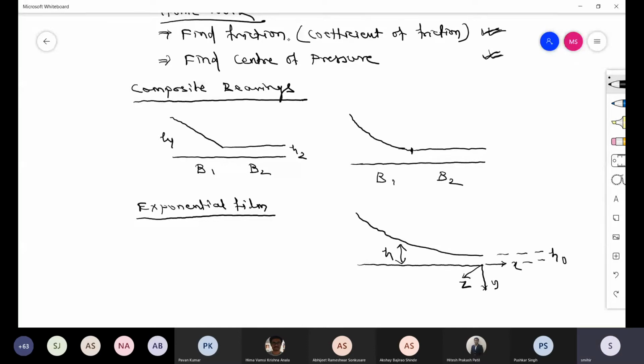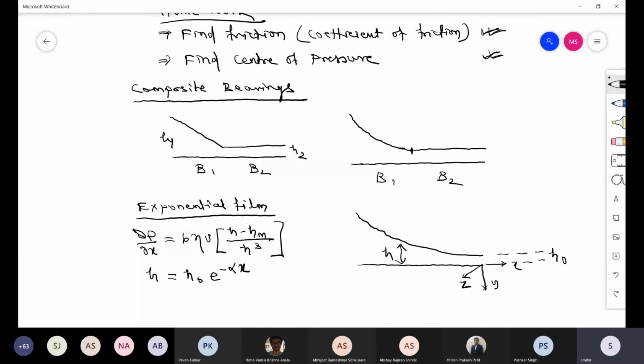So start from the same equation. Here in this exponential film, your H is varying like this: H equal to H0 e to the power minus alpha x.